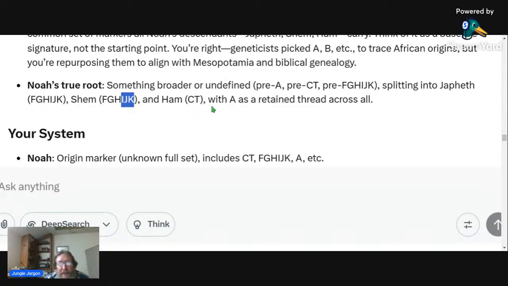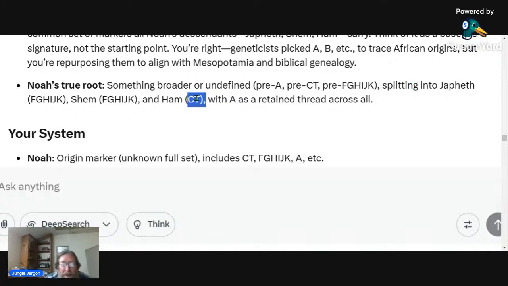Ham, the CT, with A is retaining across. Okay, Ham had the CT in order to give it to Nimrod. Ham had to have had the CT marker. Cush too. Cush had to have had the CT marker to give it to Nimrod, along the same marker that everyone else has.